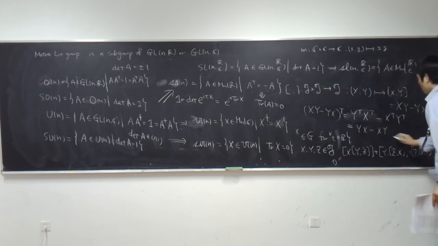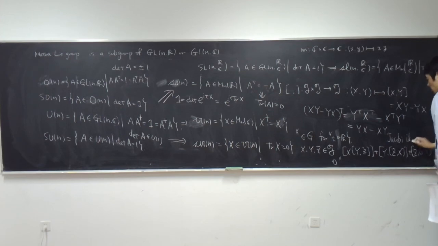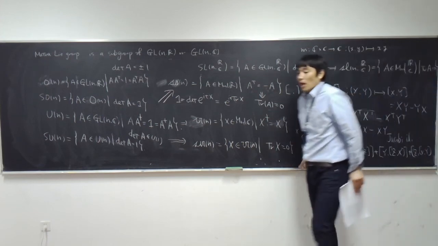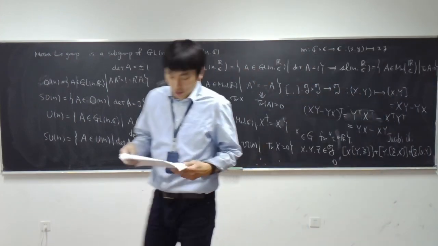This is called the Jacobi identity. Okay, so that's the basics of the group and the algebra.